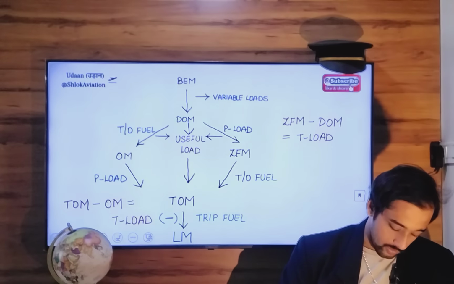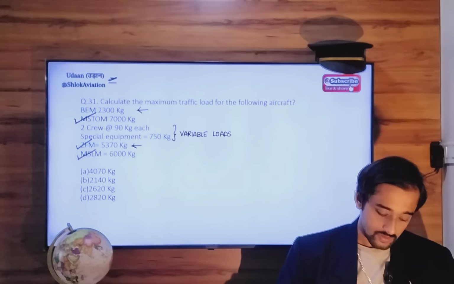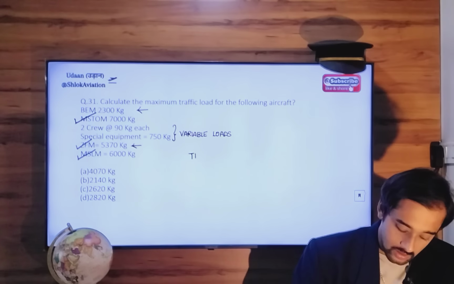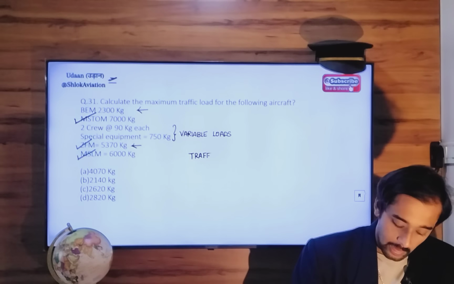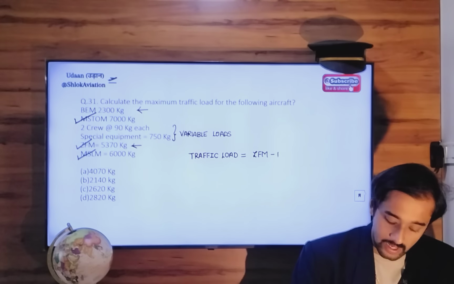So let's use this formula to find out the answer to our question, which is traffic load or payload will be equal to zero fuel mass minus dry operating mass.